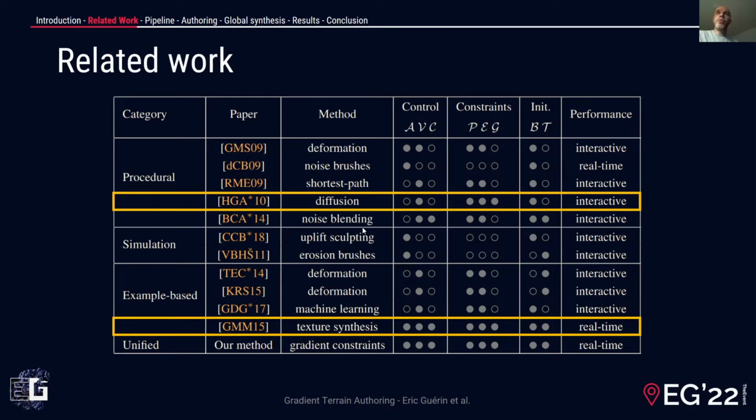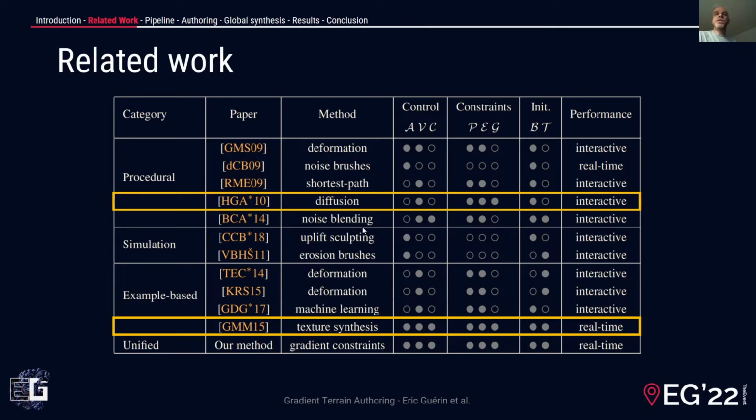The procedural approach by Éric and colleagues in 2010 uses diffusion curves to propagate altitudes and slopes around constraints. The main drawback of this technique is that it generates terrain from feature curves and cannot be used for processing or enhancing terrains produced by other methods.